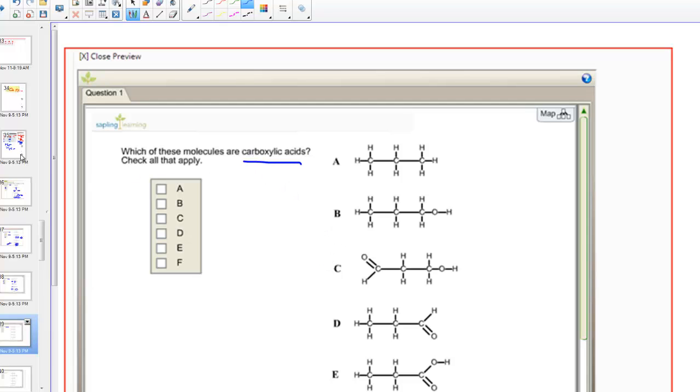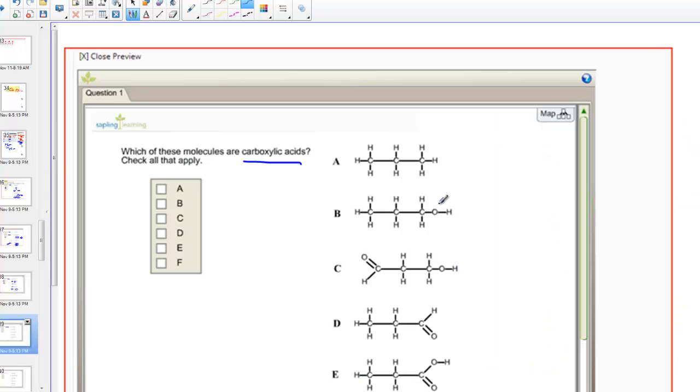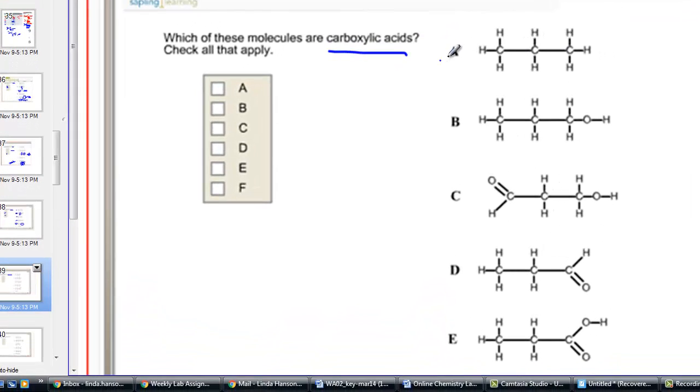Carboxylic acids. Again from our chart, carboxylic acids with our COOH, C-O-O-H. With our carboxylic acids, we're looking for a C double bond O, OH, all next to each other. I can eliminate this choice. They have no C double bond O. I can eliminate this choice.